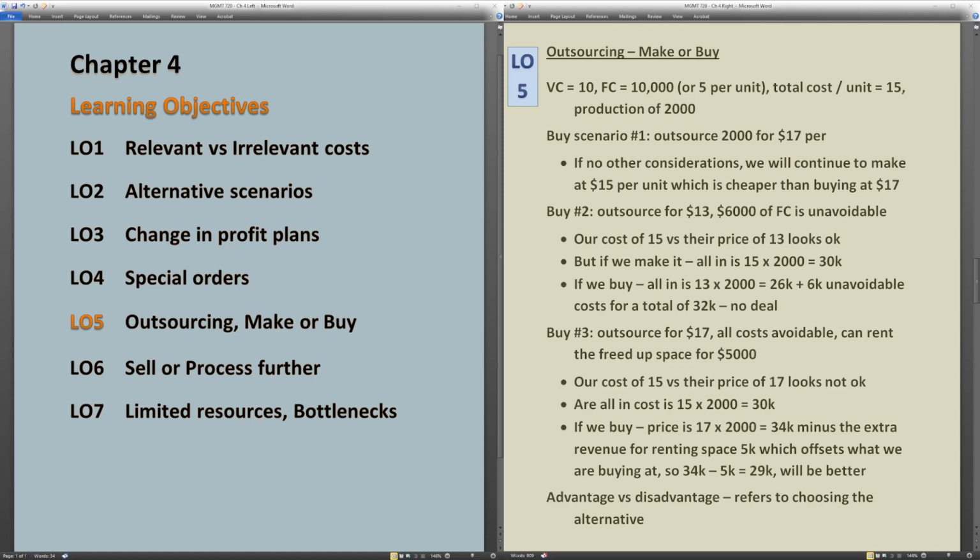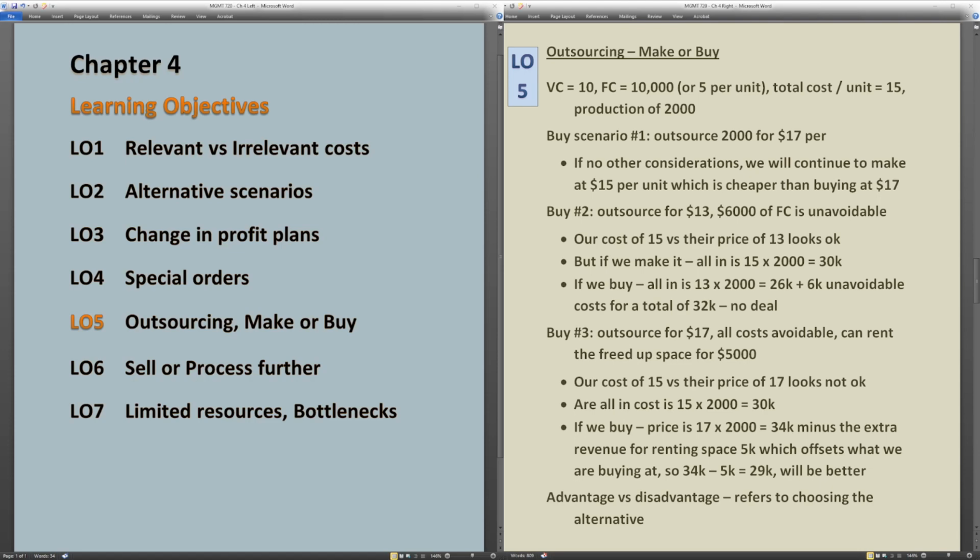So in the first vanilla scenario, should we make it or should we buy it, i.e. should we outsource it? Let's say a vendor comes to us and says, we can make that same product and we will sell it to you. You can buy it from us for $17 per unit. Well, if we look at the bare bones, we could make it ourselves for $15 a unit, which is cheaper than buying at $17.